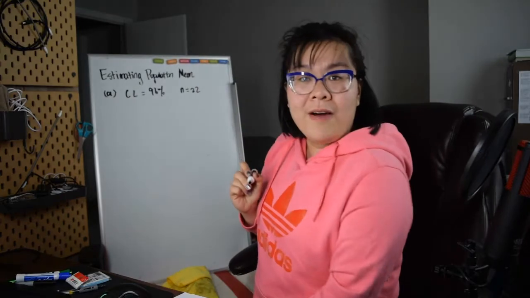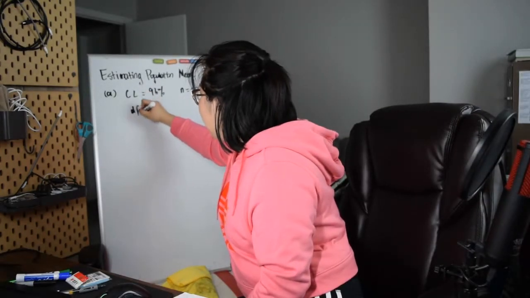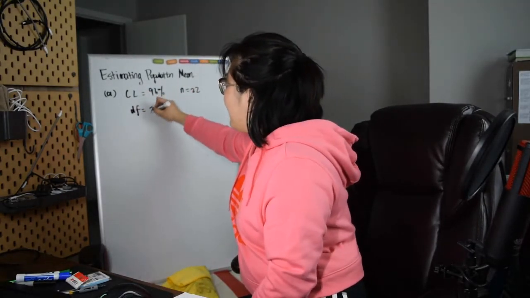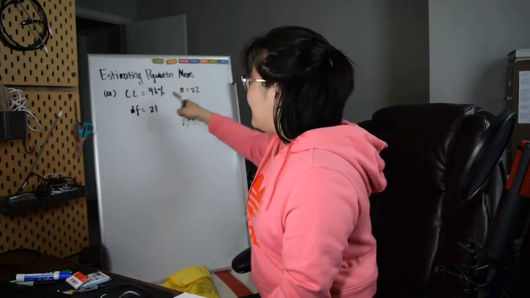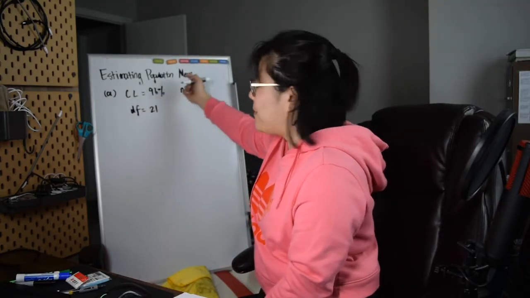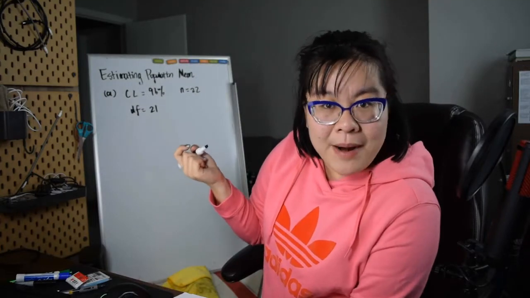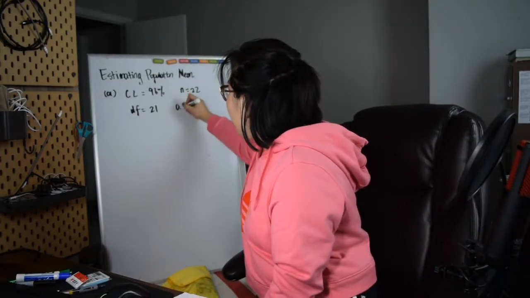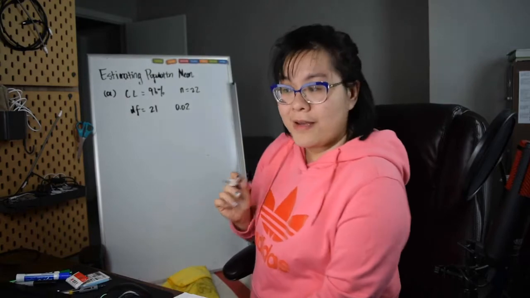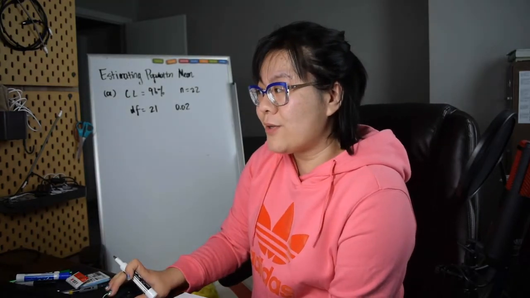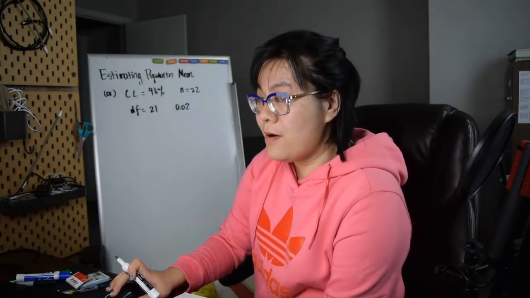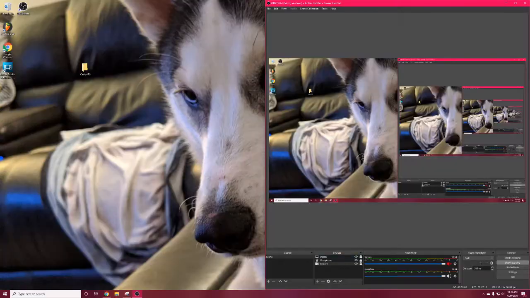Over here we want to find the degree of freedom. 22 minus 1 is 21, and then your percentage, 1 minus 96% is 4%, divided by 2, 0.02. Okay, 21, 0.02.